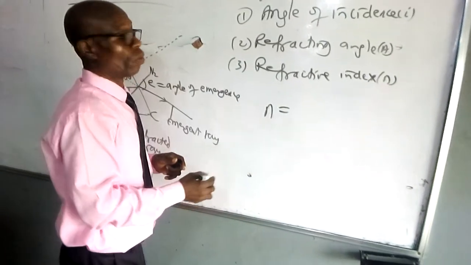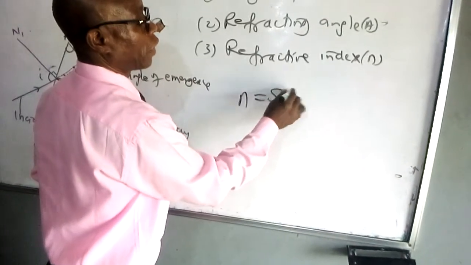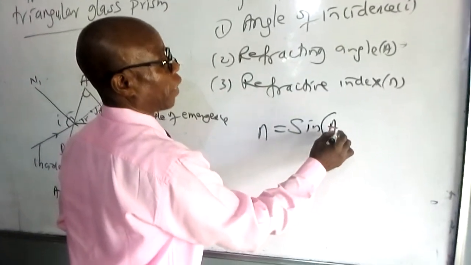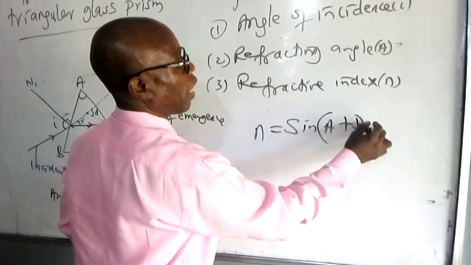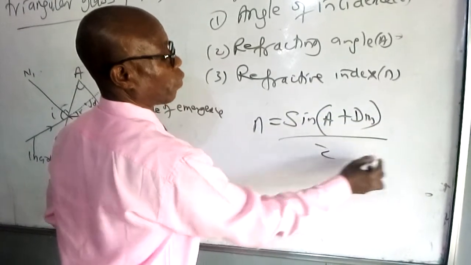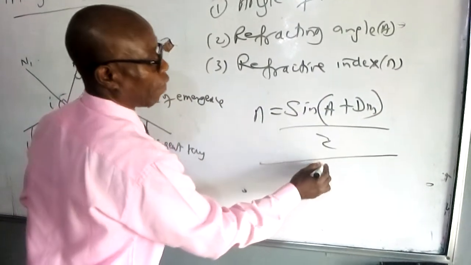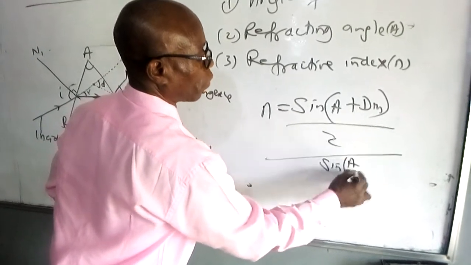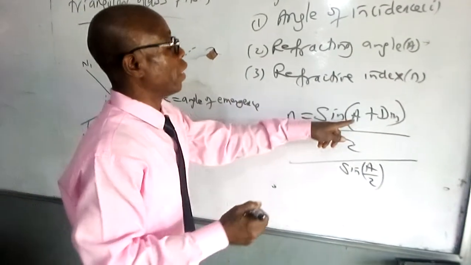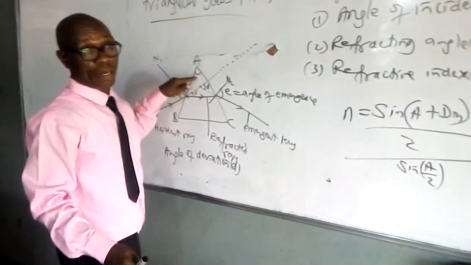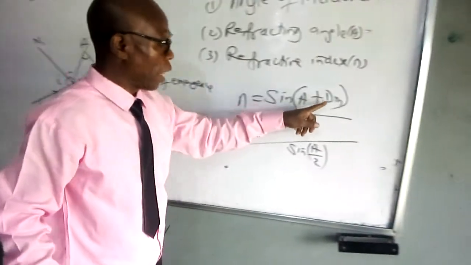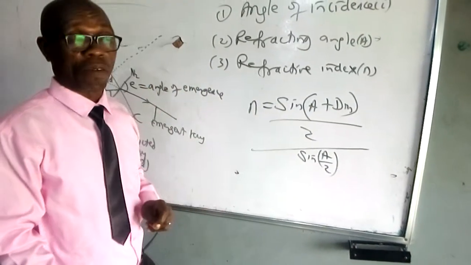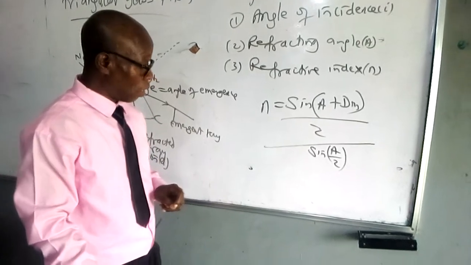N is equal to sine of (A plus dm) all over 2, all over sine A over 2, where A is the refracting angle. dm is known as the angle of minimum deviation.